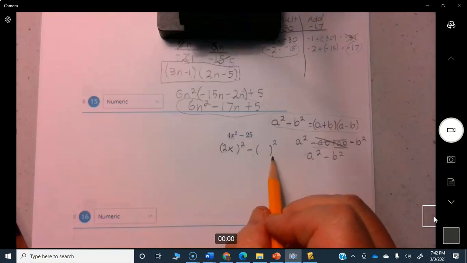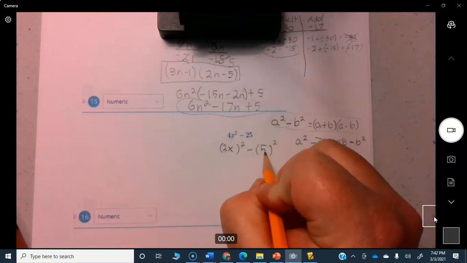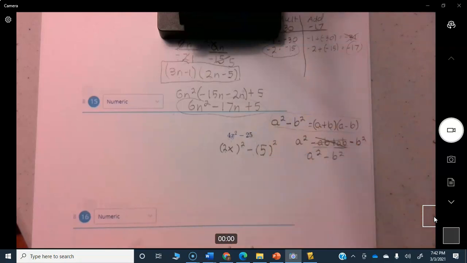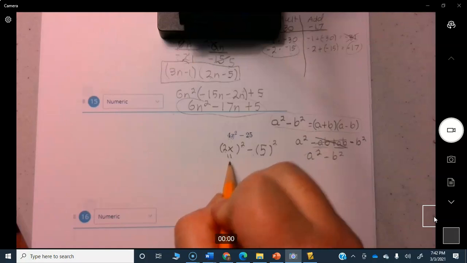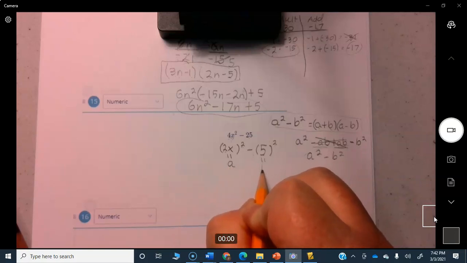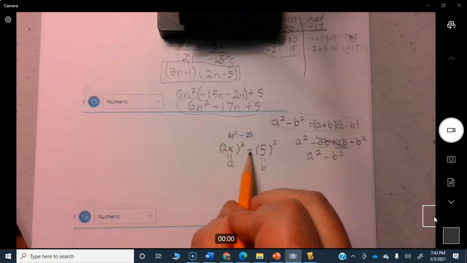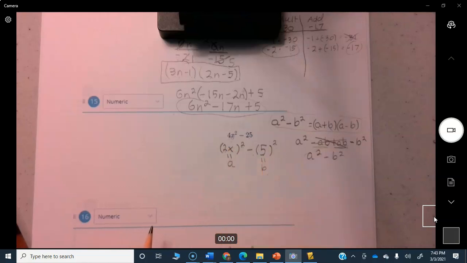What about this one? This one's easier. What do you square to get 25? You square 5. 5 squared is 25. So the a, that's a sideways equal sign, just so you know what I'm writing there. That's the a, and this is the b. So what I have is a squared minus b squared.